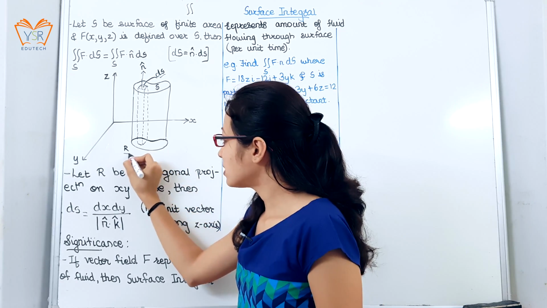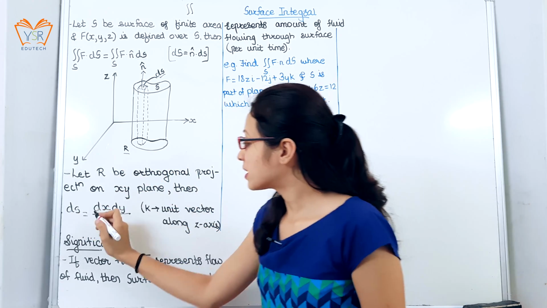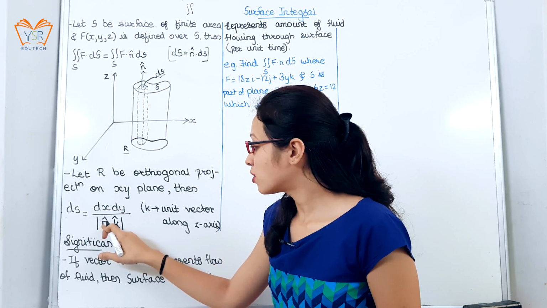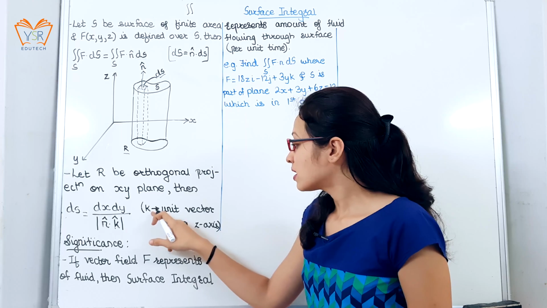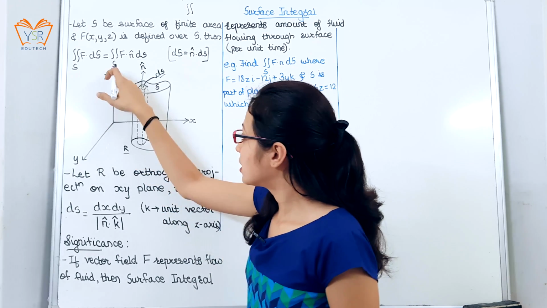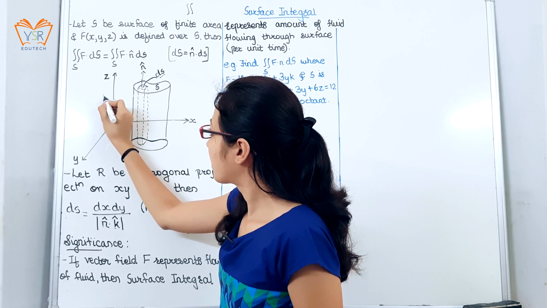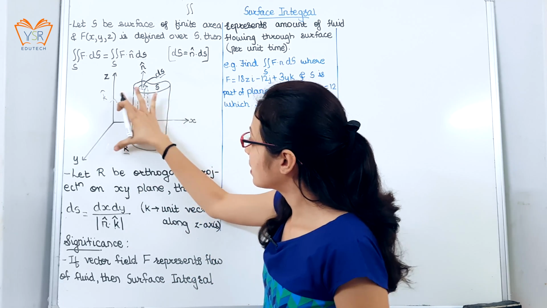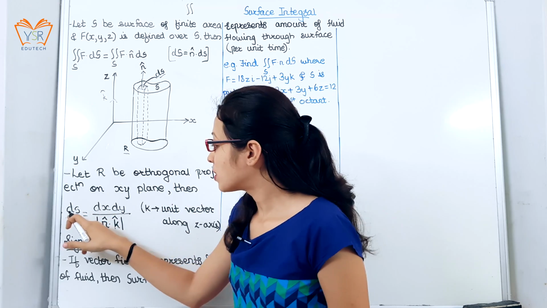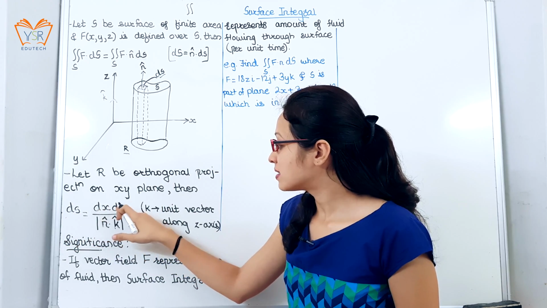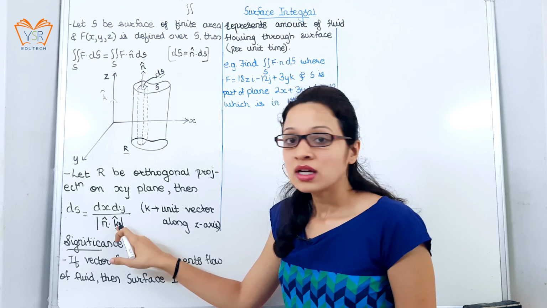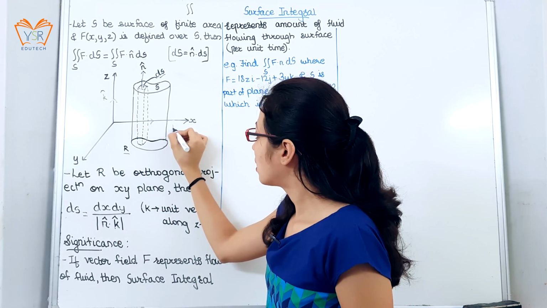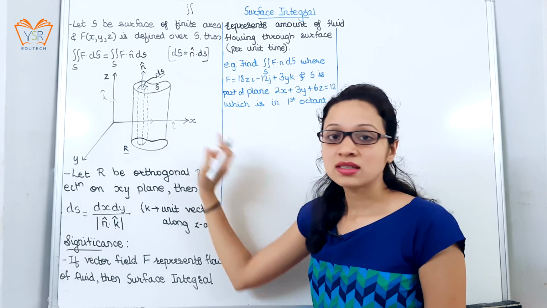Let this projection be called R. If we project it, we get the value of dS as dx dy divided by the magnitude of n cap dot k cap, where k is the unit vector along the z axis. If we project this surface in the yz plane, the formula will be dS is equal to dy dz divided by the magnitude of n cap dot, this time it will be i cap, because the unit vector along the x-axis is i cap.